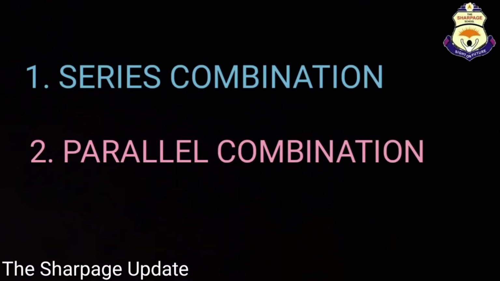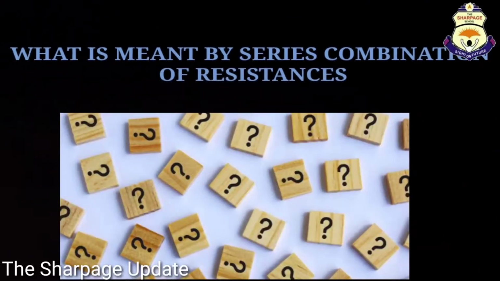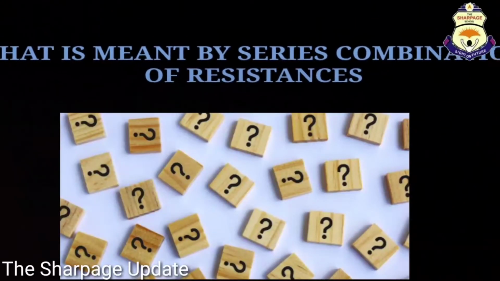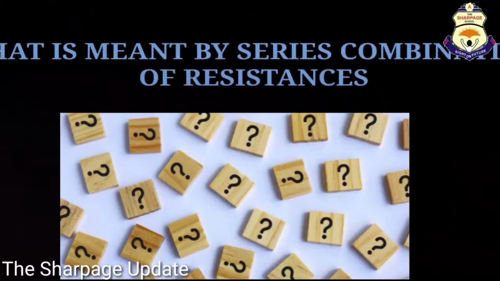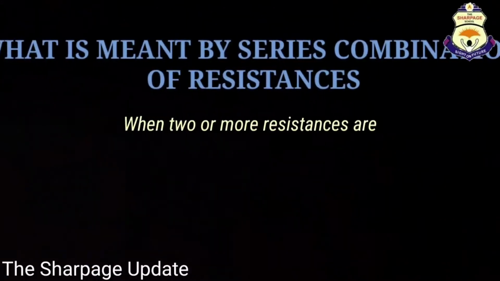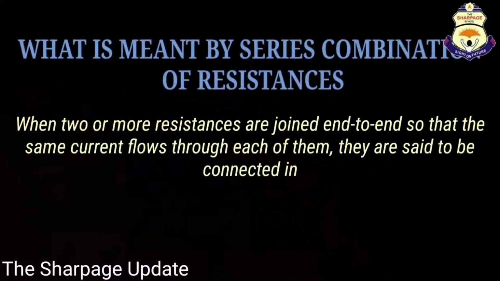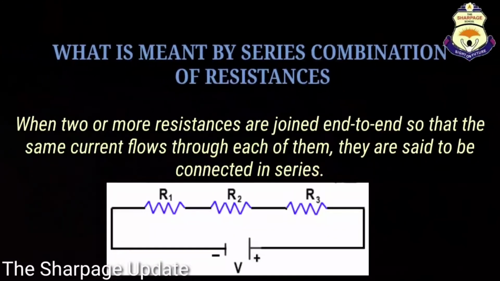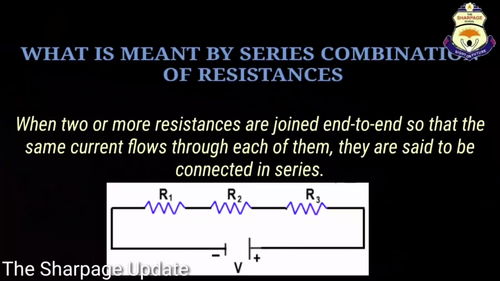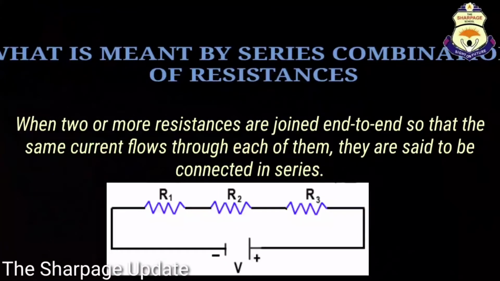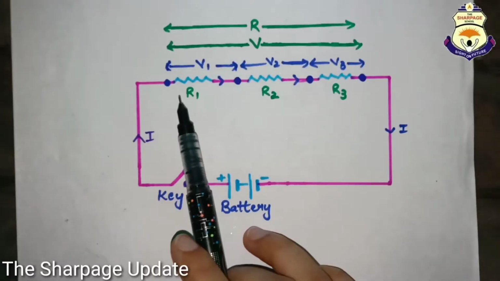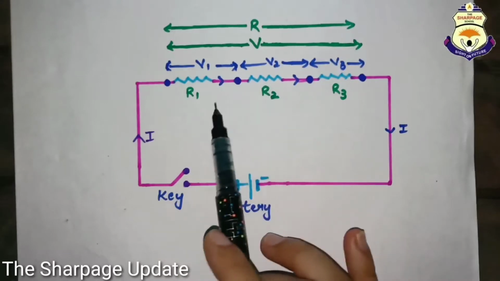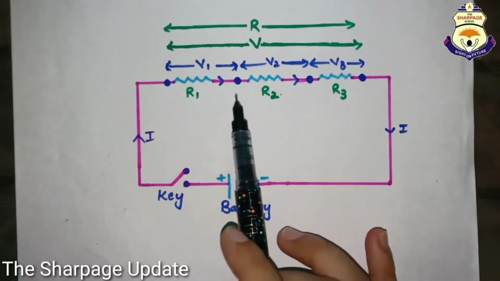So, what is meant by a series combination of resistance? Dear students, when two or more resistances are joined end to end so that the same current flows through each of them, they are said to be connected in series. A series combination of resistances R1, R2 and R3 is shown in the figure.